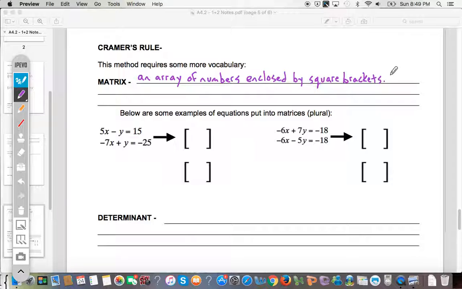Okay? The numbers are the coefficients in our system.